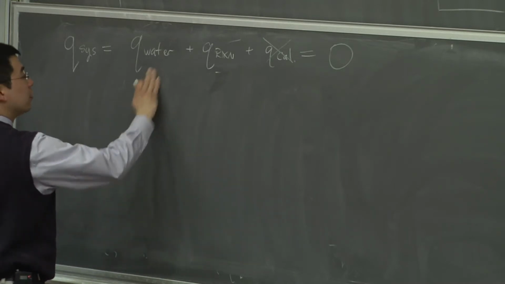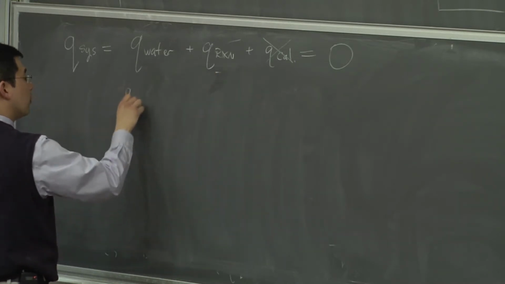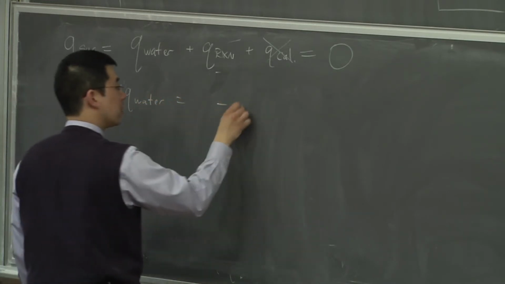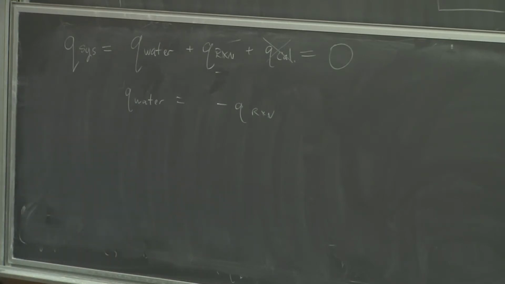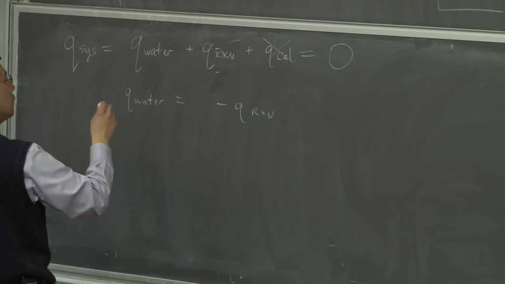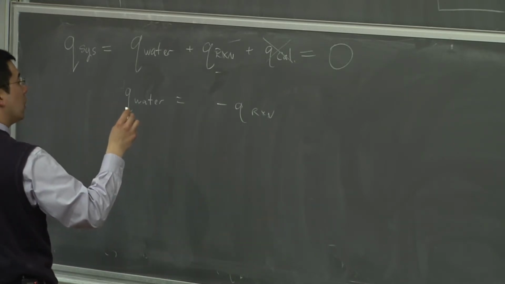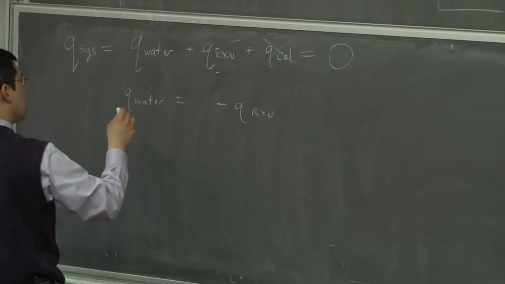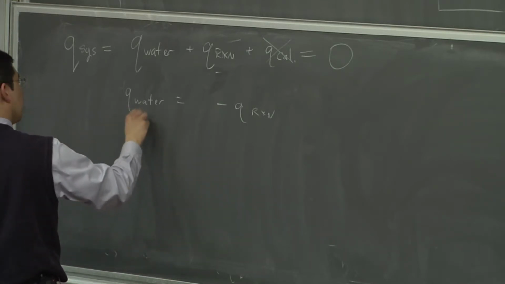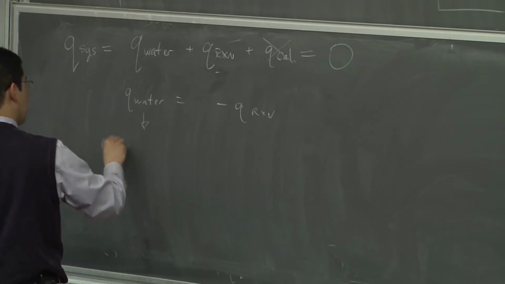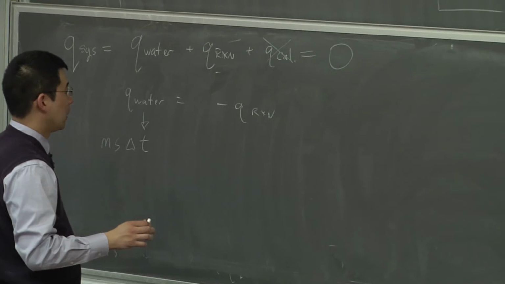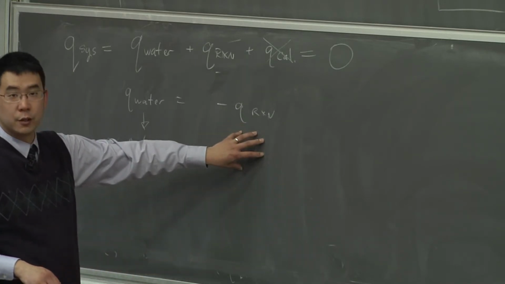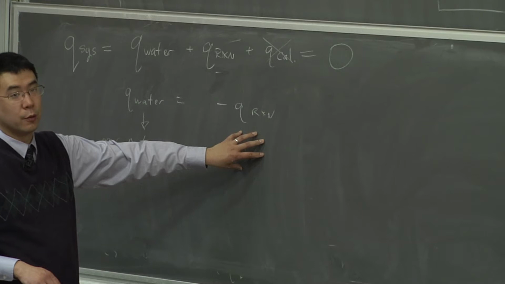And so I like to do it like this. I like to do this first. Q of water equals negative Q of the reaction. And so Q of the water equals ms delta T. And the Q of the reaction, in this case, is just going to be the Q of the reaction, right?